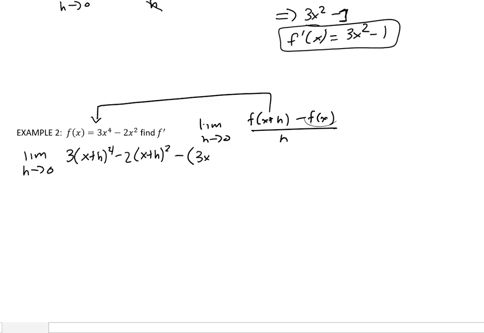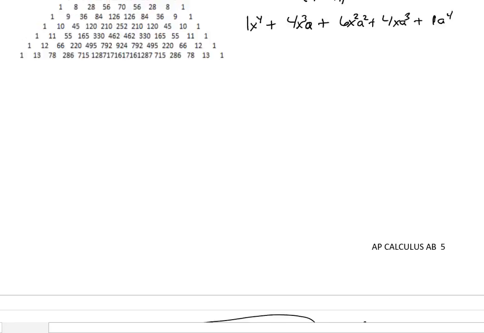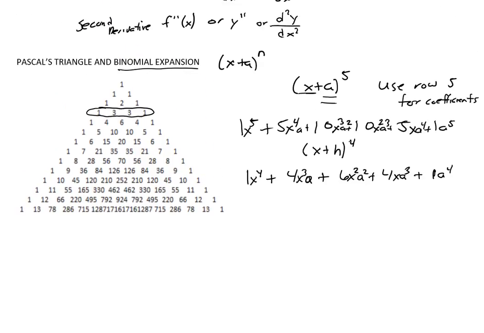So again, I have to expand this whole thing, and I have to do it twice. I have to do it with x plus h to the fourth and x plus h squared. So I'm going to go back to Pascal's triangle again. And this time we're not interested in row 3 anymore. We're now interested in row 2 and in row 4.